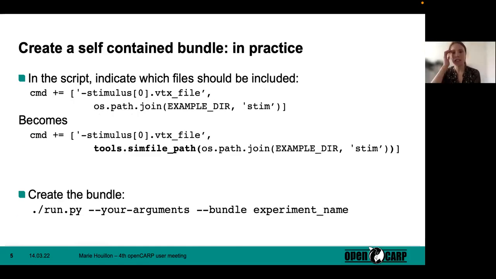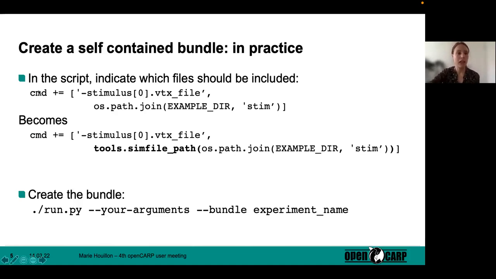In practice, there will be two steps to create a basic bundle. The first step is that you have to tell which files are necessary to run your experiments, which files have to be included in the bundle.